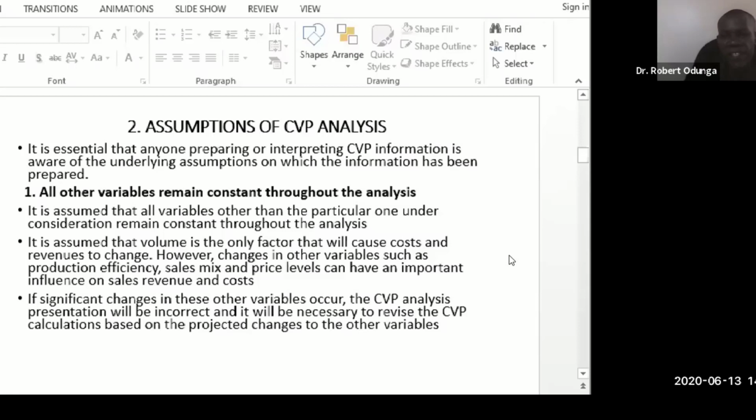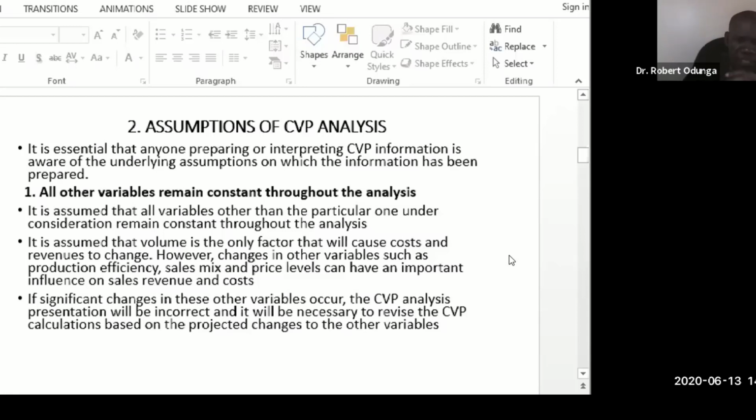Efficiency is part of the input, but we are more focused on the cost that we shall incur at the end, the revenues that we shall sell at the end, and the profit that we shall make at the end, okay?